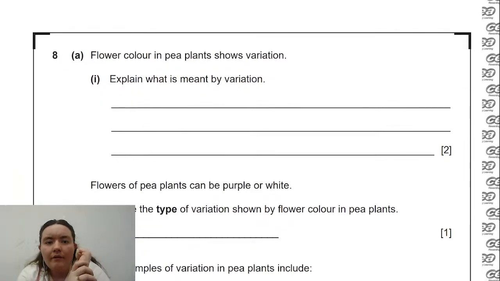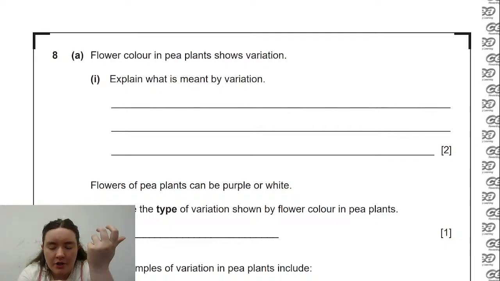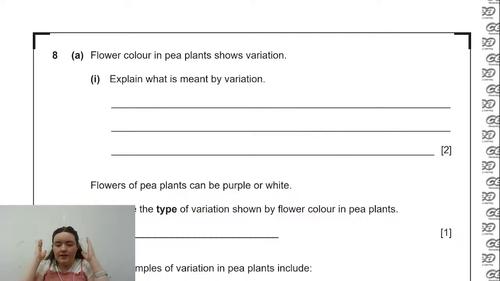So flower color in pea plants shows variation. Explain what is meant by the term variation. So variation is basically different specimens of the same species having different characteristics, and this is usually useful for things like survival.